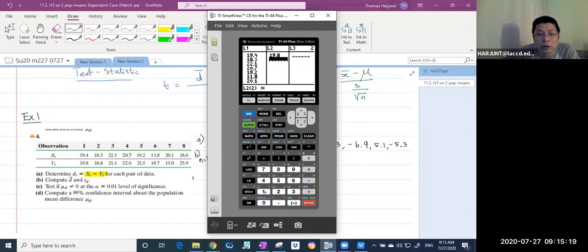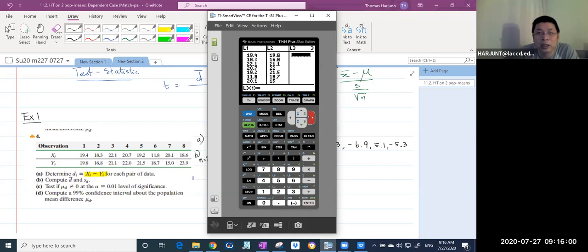So 18.3 corresponds to 16.8, and then 22.1 corresponds to 21.1, and then 22.0, that's for 20.7, and then 21.5, 18.7, 15.0, simply 15, 23.9. Okay, so we have list 1 and list 2.